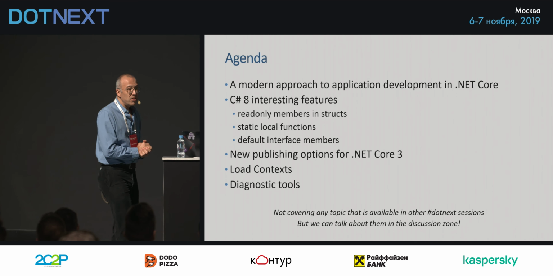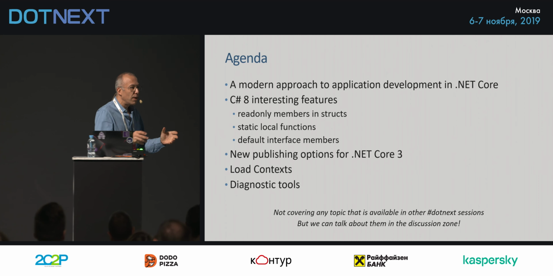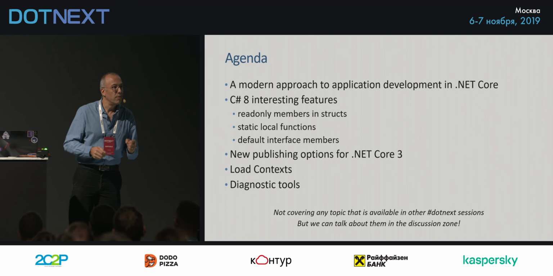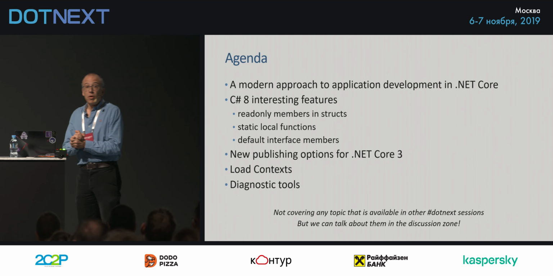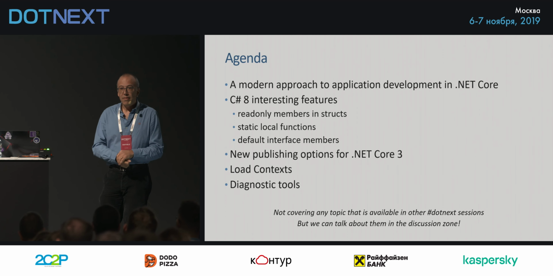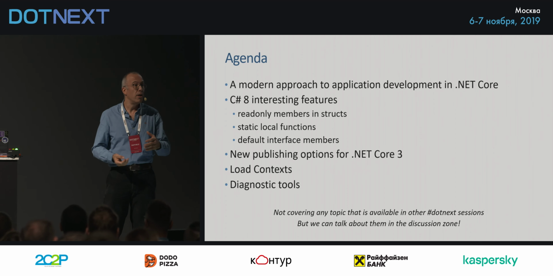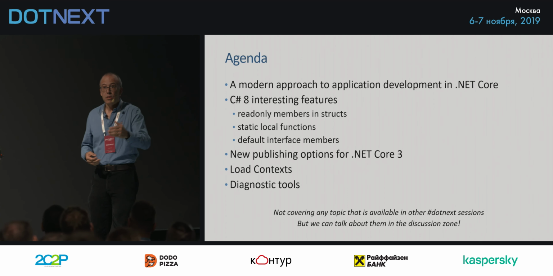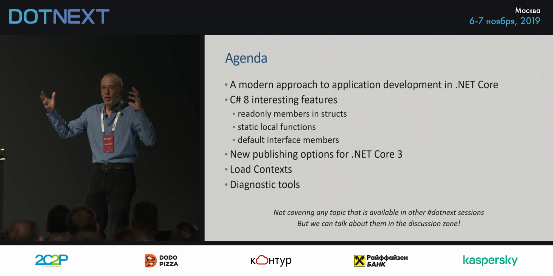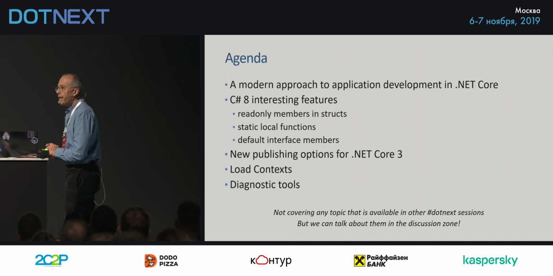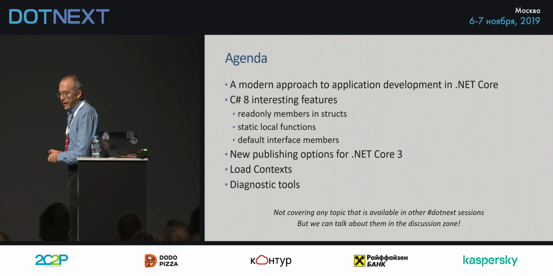The C# features that I will dive a little bit deeper into are the read-only members in structs, which are very relevant to all the discussions that we had last year with readonly, refs, and so on. It's a continuation of a long discussion we had on improving the performance of the application.